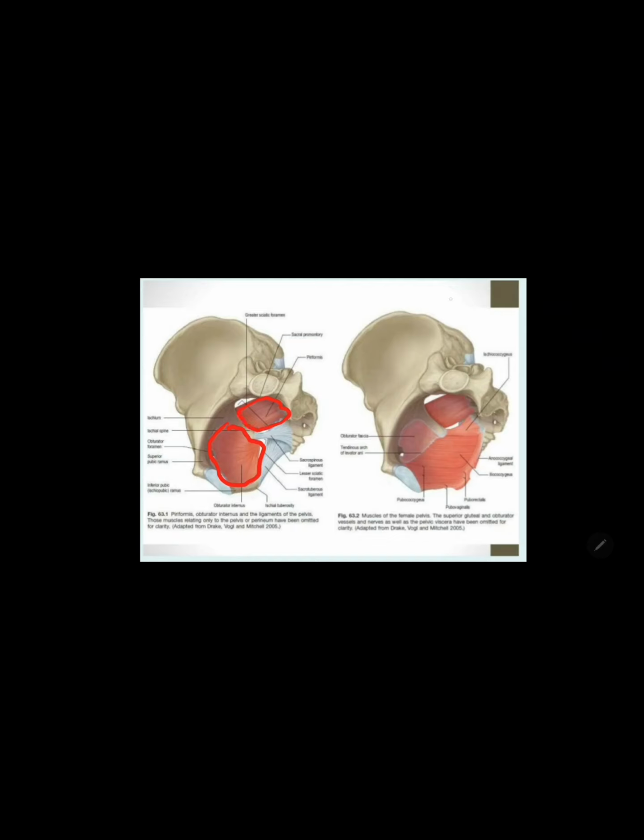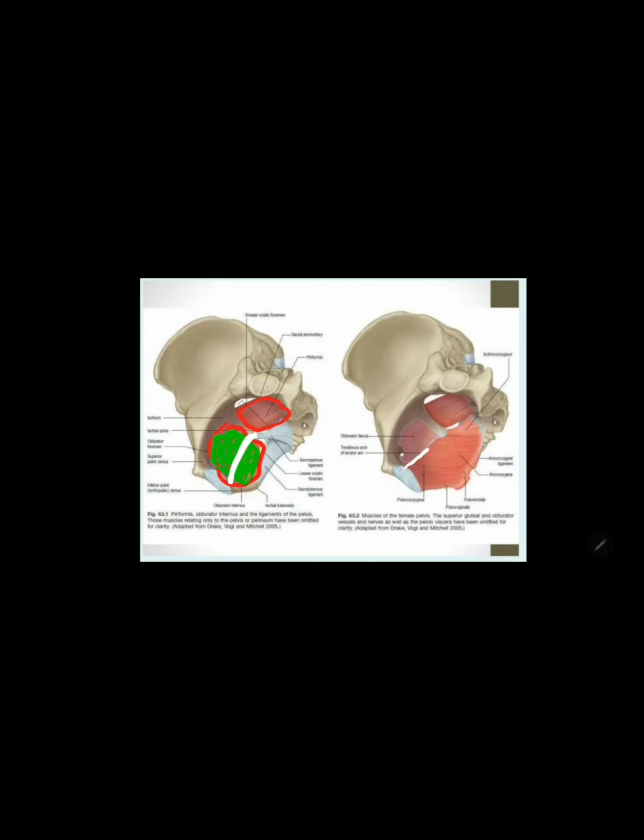The obturator internus is covered by a fascia here that we call the obturator fascia. We have discussed this in the lateral wall of the ischiorectal fossa. Here in the center it has a thickening of the fascia that we call a tendinous arch.